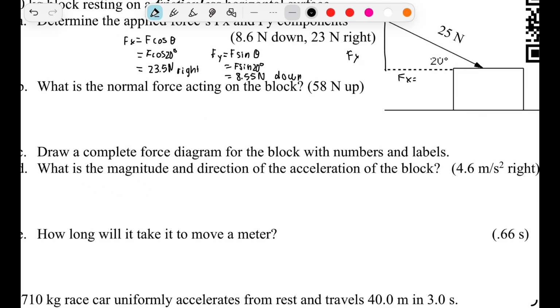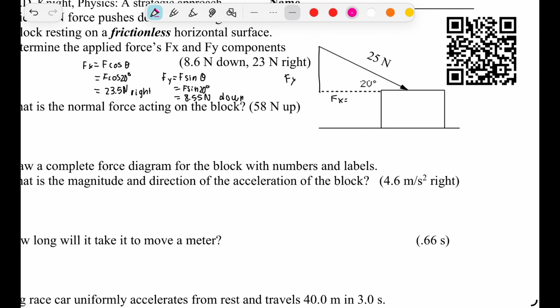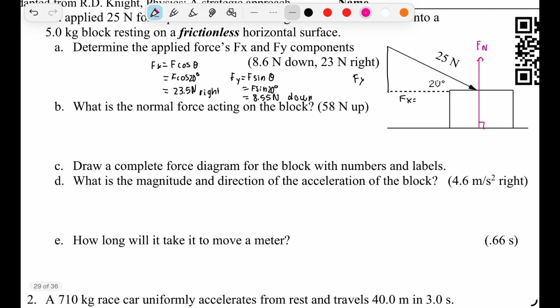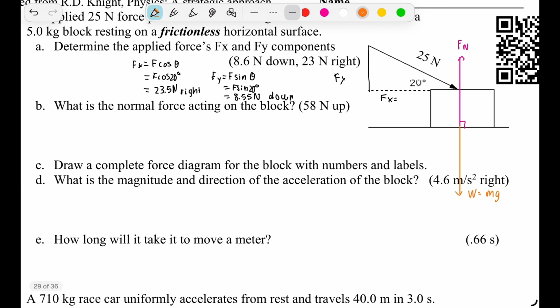What is the normal force that is acting on the block? So normal force is the force that is perpendicular to the surface of contact. This is the surface that we are measuring this block from, so this is Fn. This force is going to be equal to the force that is acting downwards as well. This is going to be the weight force of the block, which is equal to the mass of the block times the gravity.